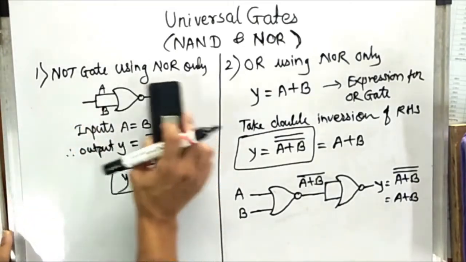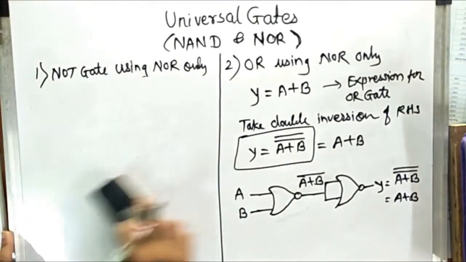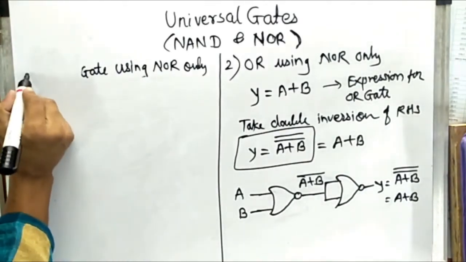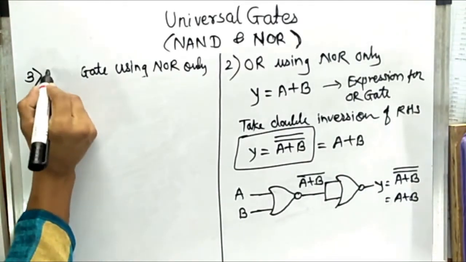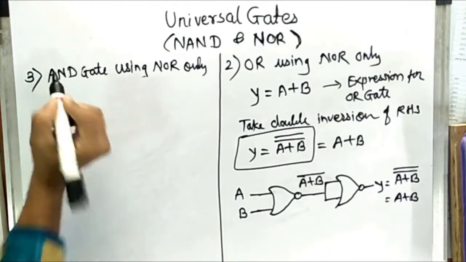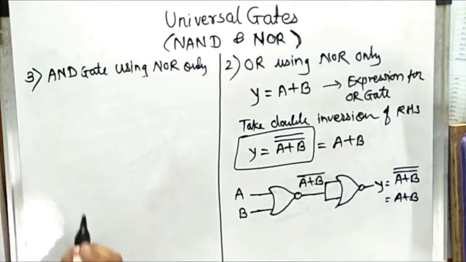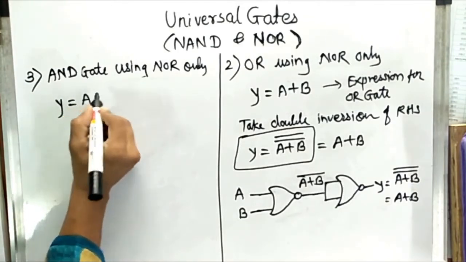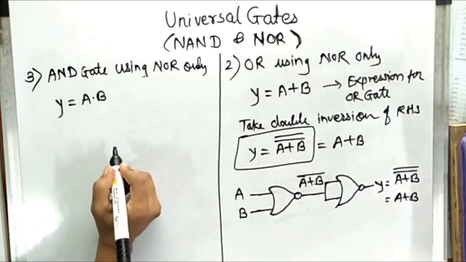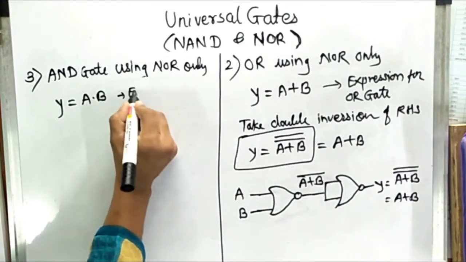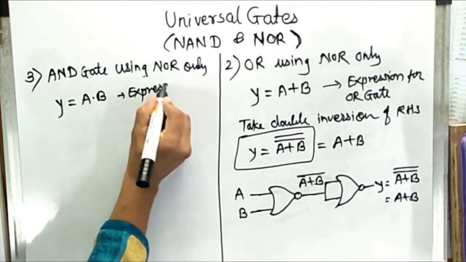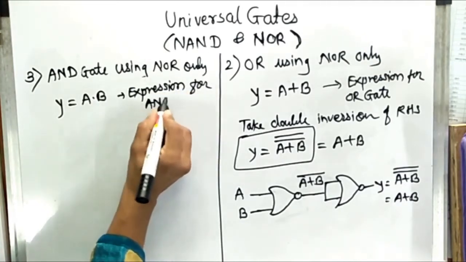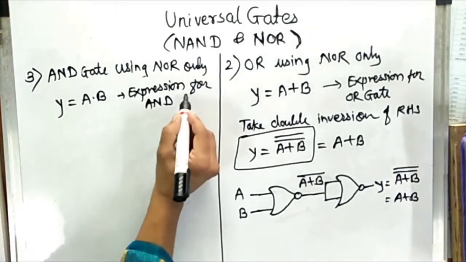Now the third gate that we can construct using the NOR gate is the AND gate. AND gate using NOR only. So what is the expression of the AND gate? That is A and B. This is the expression for the AND gate.